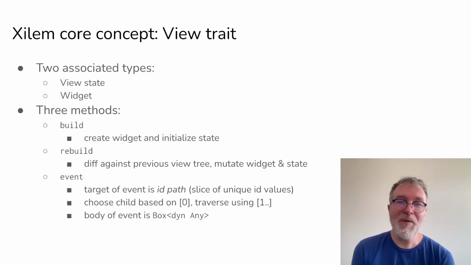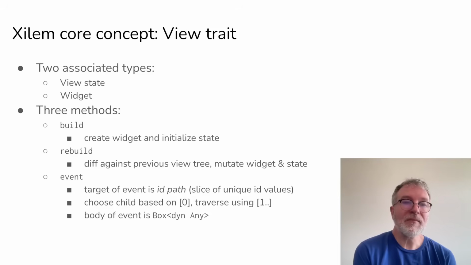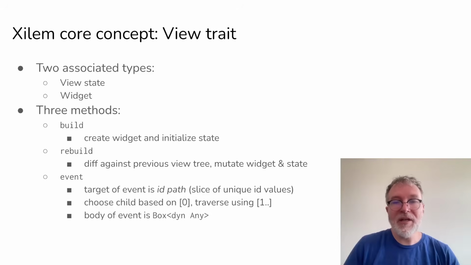And then the third method, and there's a proposal to rename this to message. We'll see. All these things are subject to being refined. This one, the details are a little complicated.